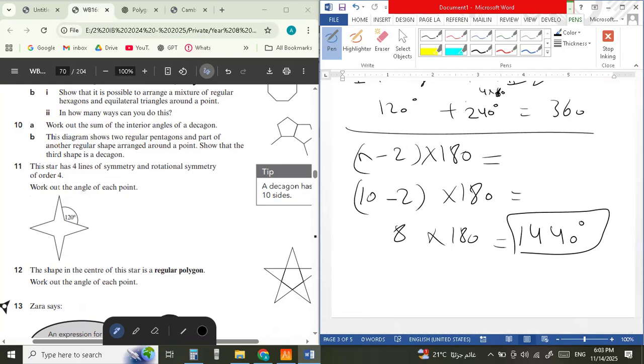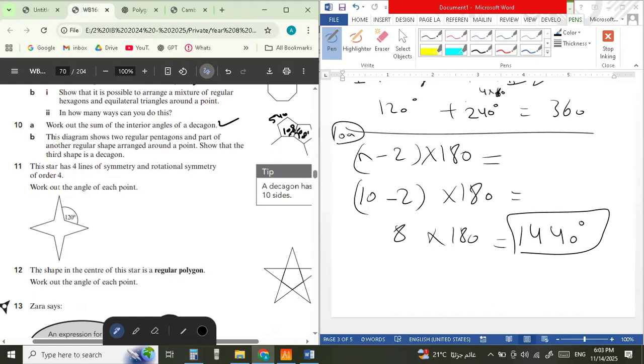So now we answered question 10A. This diagram shows 2 regular pentagons. We found that the sum of the interior angles of the pentagon is 540, divided by 5 gives 108 degrees.